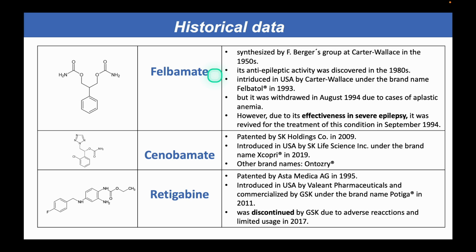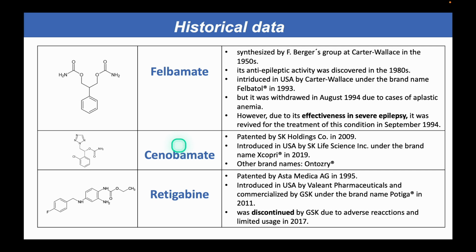However, shortly after its introduction, it was withdrawn from the market due to some cases of aplastic anemia. However, this decision was re-evaluated due to its demonstrated effectiveness in severe epilepsy, and the drug was revived for the treatment of this condition.